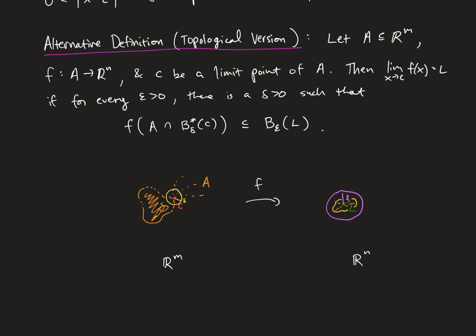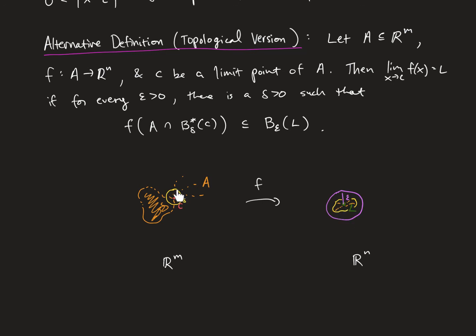And so we say that the limit as we approach this point c is equal to L if whenever we take L here and give an epsilon ball around it, we can always find some punctured delta ball around c, such that all of the orange stuff that's in A gets mapped over here within this epsilon ball.